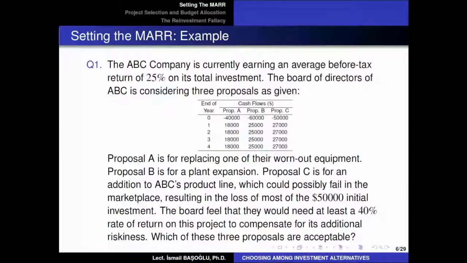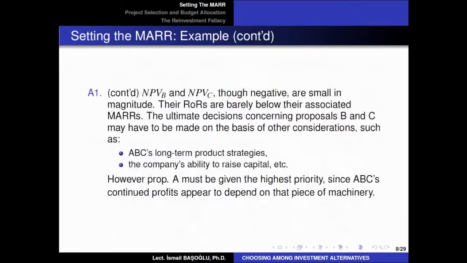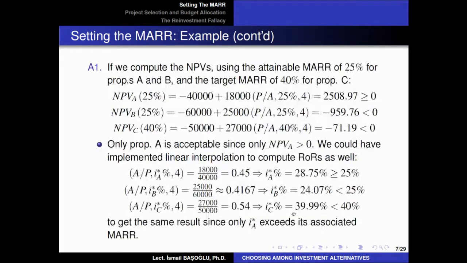Maybe it's a necessity. Even if they see it as risky, in order to survive in the market, sometimes they introduce new products to increase their reputation in the market. So we need to consider other factors when making this decision, because the rate of return is large enough, 39.99%. I mean, it's only a small amount less than 40.